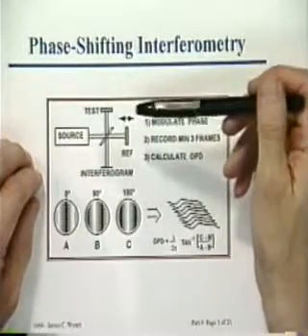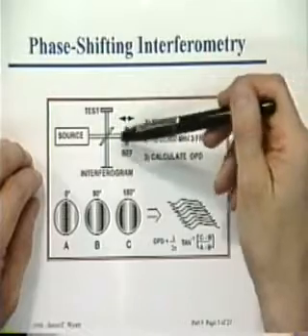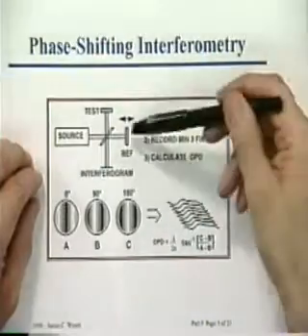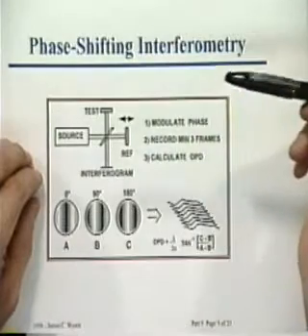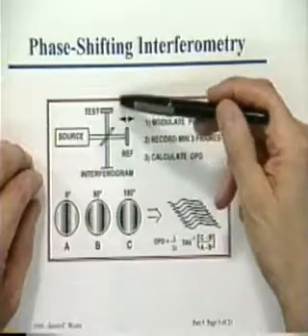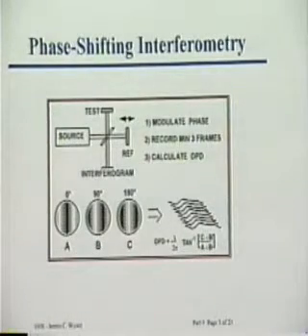We said that by looking at 3 or more frames of data here, as we change the phase difference, we can calculate the phase difference between the two beams as a function of position. There are a number of equations that can be used to do this.